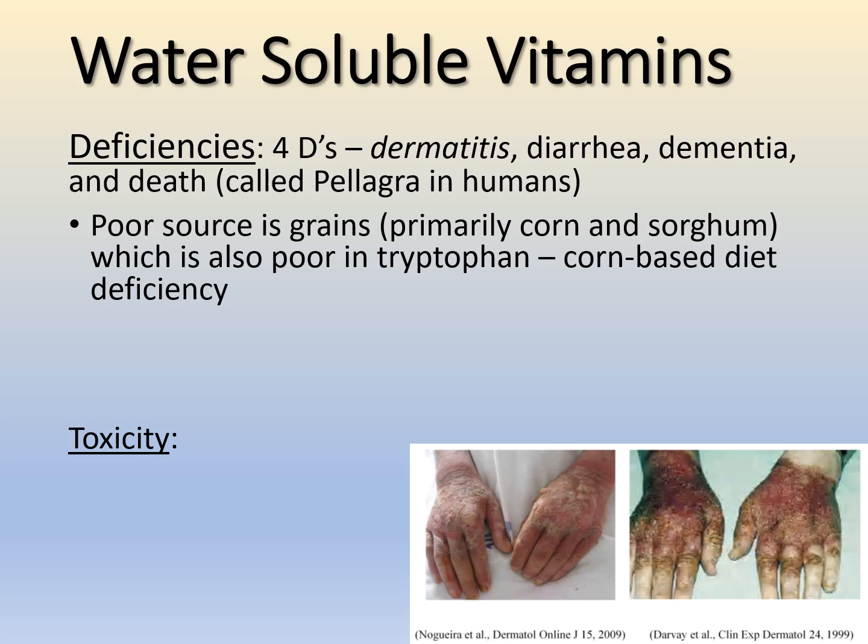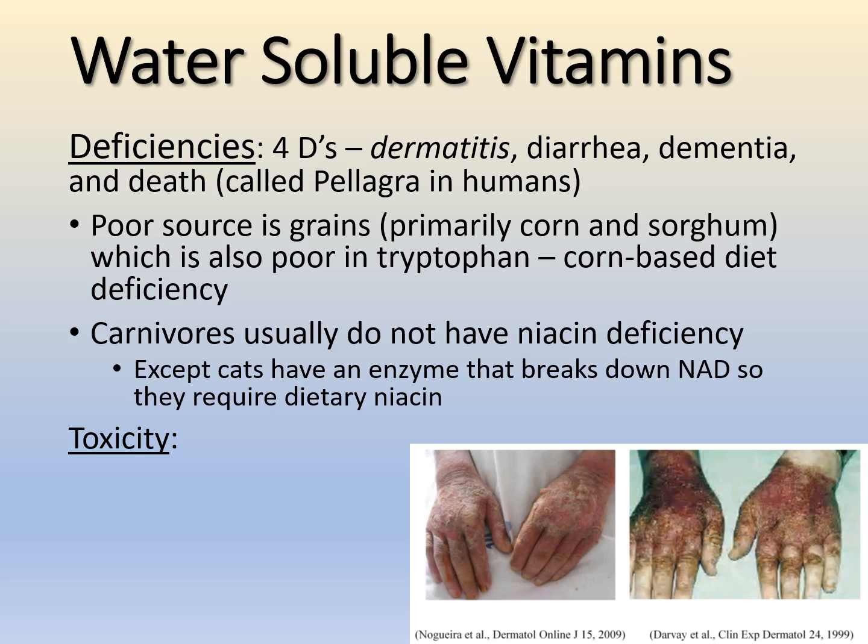So we do see niacin deficiency, and it can be due to a poor diet, like a corn-based diet, because corn grain is a poor source of niacin and tryptophan, and we said that we can make niacin from tryptophan. So if you're deficient in both of them, then you can see this overall deficiency. If you're on a corn-based, grain-based diet, this can happen.